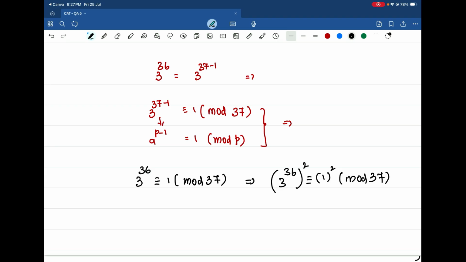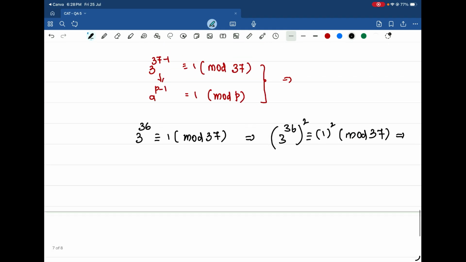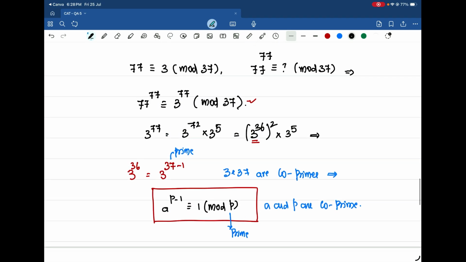Mod 37 will not change. Only the right hand side values get the power, and also the remainder will get the power. That implies we will replace this value in the equation.